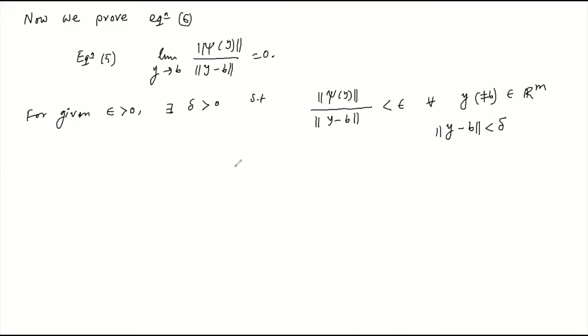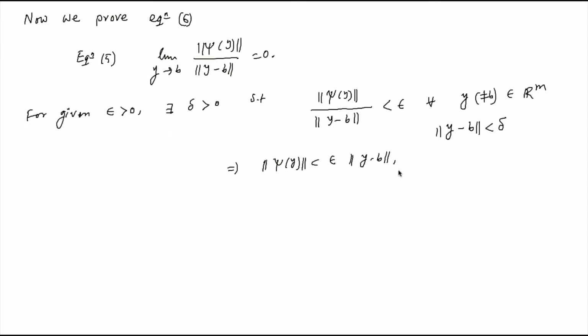This implies norm of psi of y is less than epsilon times norm of y minus b. This happens for all y not equal to b. Here y might be equal to b also, so we don't need the condition y not equal to b.